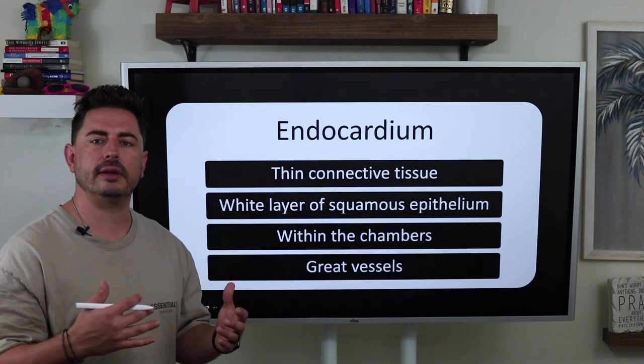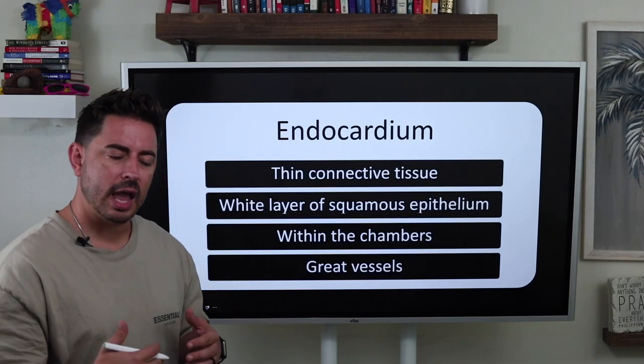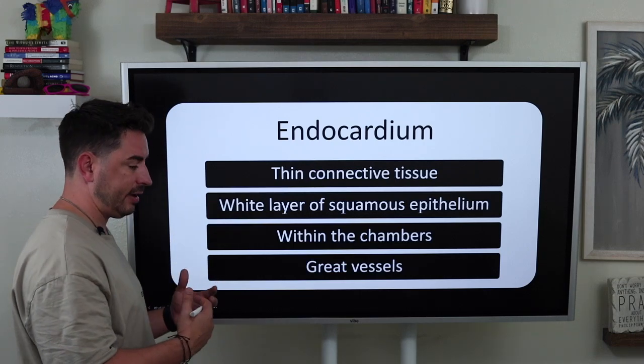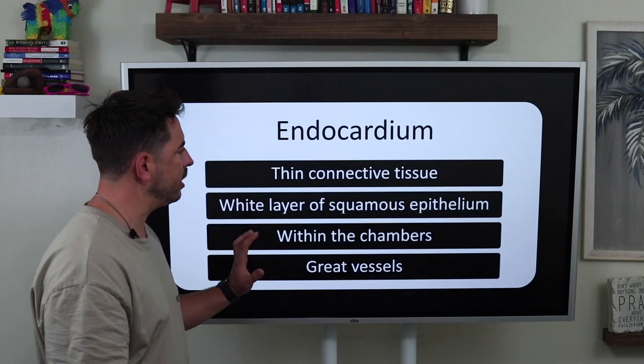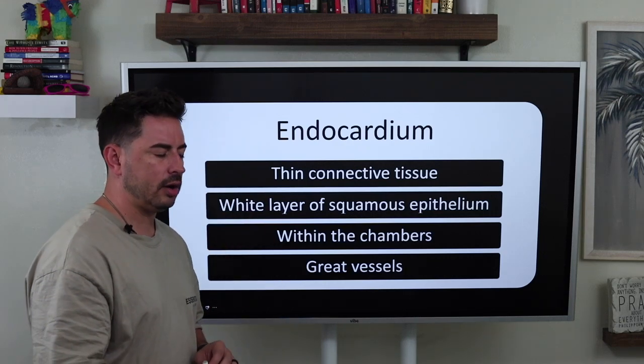These are the same epithelial cells that we have in our small blood vessels, as well as the great vessels.